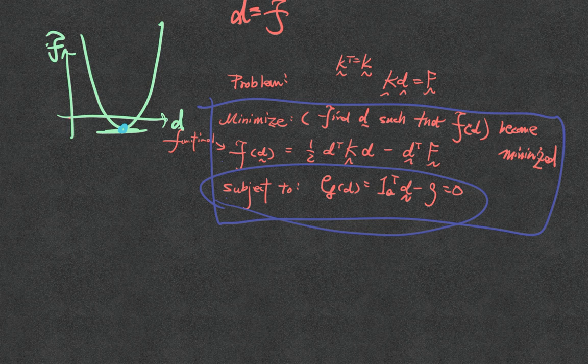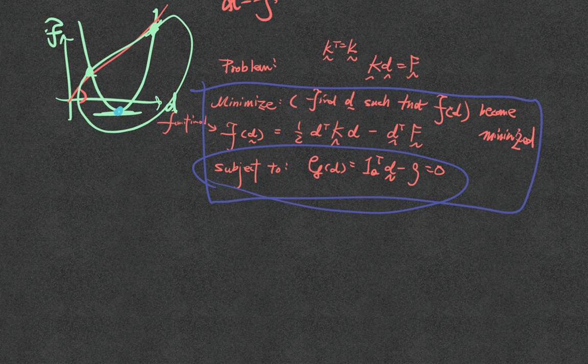I have to draw a straight line at 45 degrees, and this portion is not valid because in these portions, D is not equal to F. Only on this line. So I basically only have these 2 points. Now I have a different minimizer because of the constraint, which makes sense, right? You solve something and then a constraint is applied and then you may have a new minimizer. The issue is how to formulate or amend those equations.